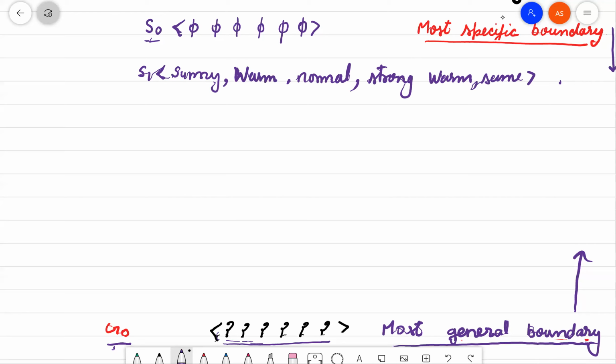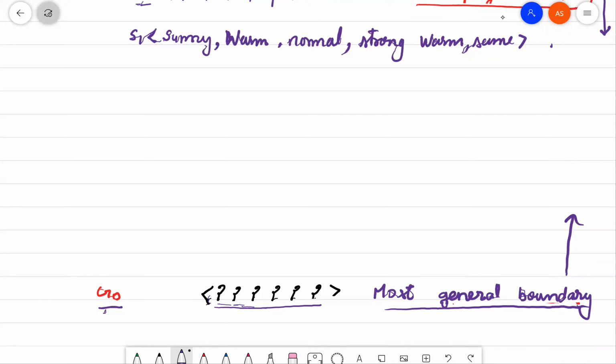So in this step we have written S1 with all 6 attributes: sunny, warm, normal, strong, warm, and same. This is a positive training example. Corresponding to this positive example, we write G1. There will be no effect on G1 because the question mark accepts any value. So G0 and G1 will be the same.